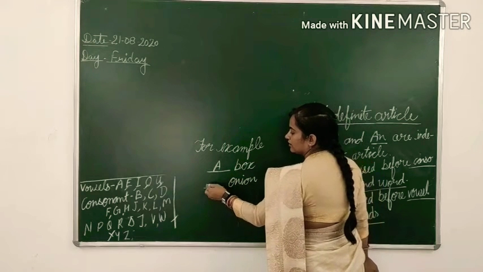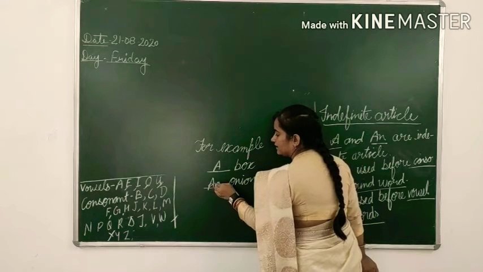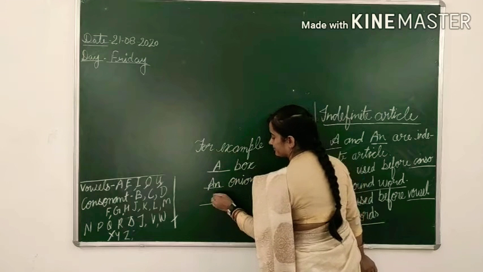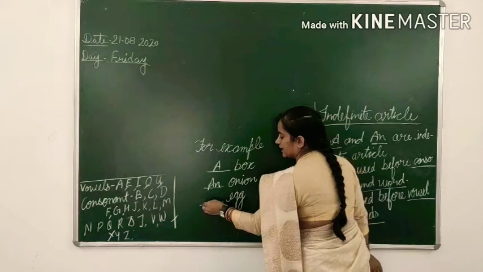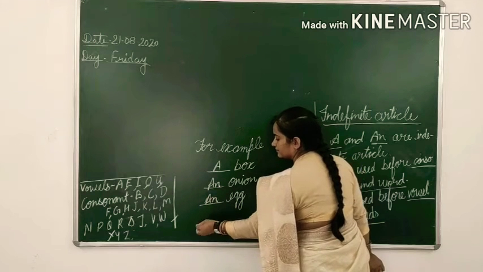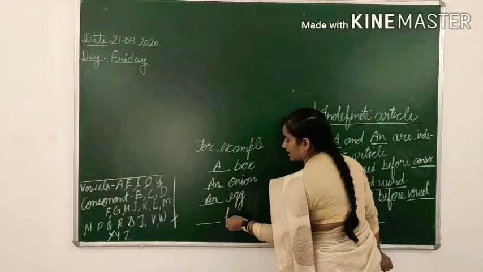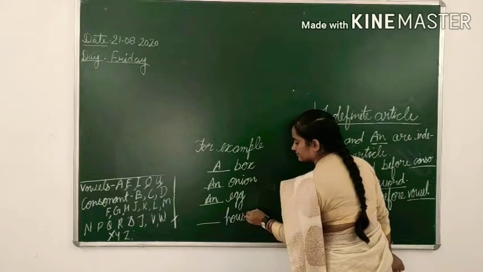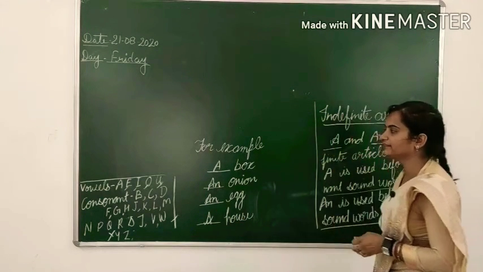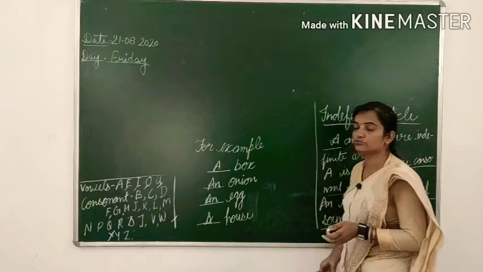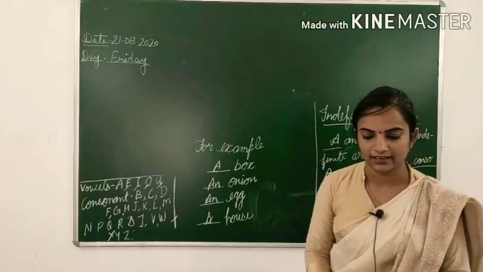So we will use here an onion. Egg. An egg. House. A house. I hope you have understood about the use of a and an.